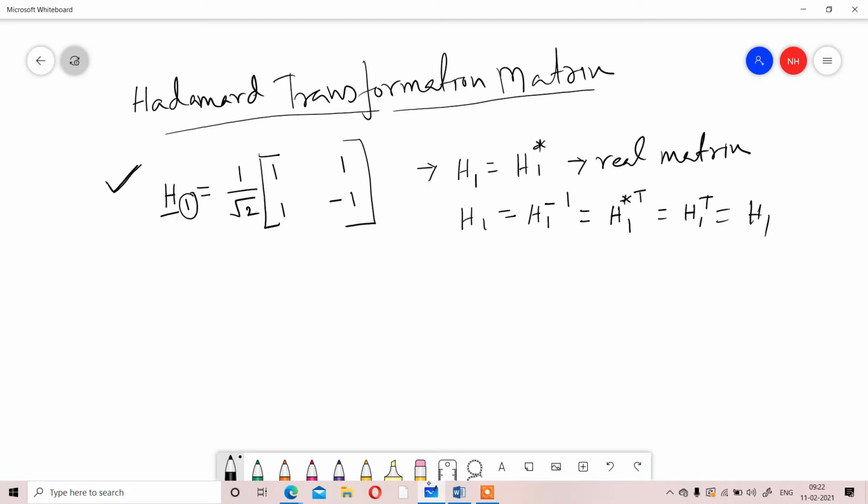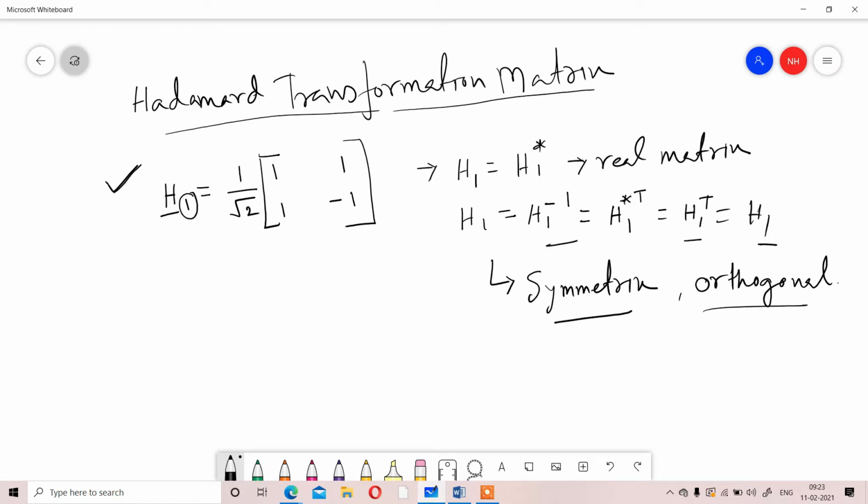If we take the inverse, you get H1; if we take the transpose, then also you get H1. That defines that the transformation matrix we are using is symmetric as well as orthogonal.